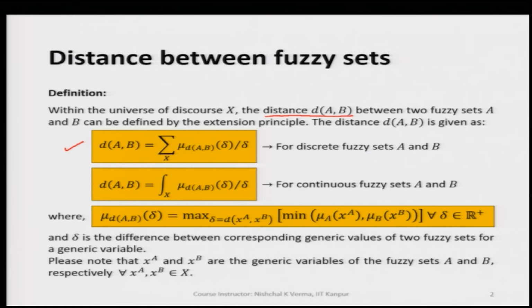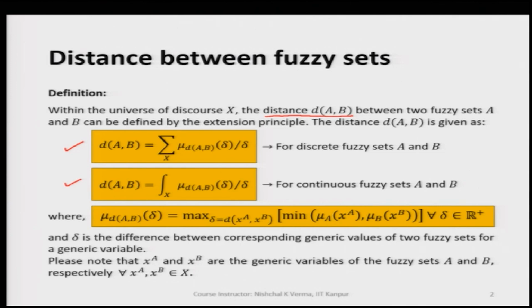So, let us first understand that this is the formula for finding the distance between discrete fuzzy sets A and B. If we have two continuous fuzzy sets A and B, the distance between them, D(A, B), is equal to the integral over the universe of discourse of mu_D(A,B)(delta) over delta.